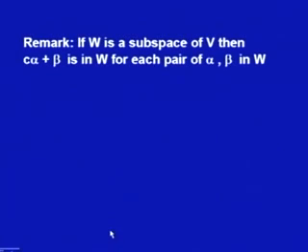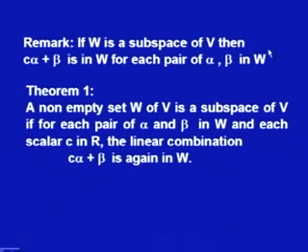So, we can put a remark here that if W is a subspace of V, then C alpha plus beta is in W for each pair of alpha, beta in W, and if this is there, then we can say that W is a subspace.